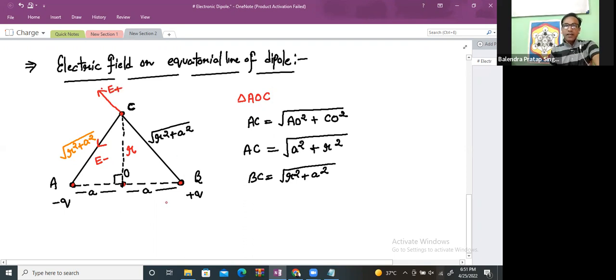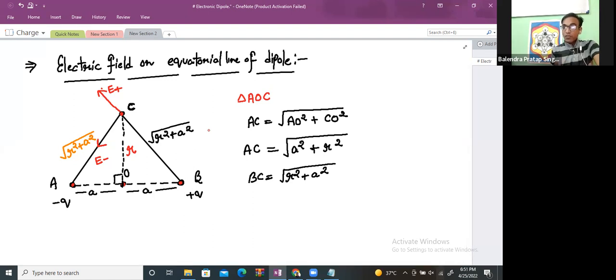The electric field due to the positive charge is outward, far away from the positive charge, and the electric field due to the negative charge is towards the negative charge. So this is all about geometry. Now we have to find the net electric field.